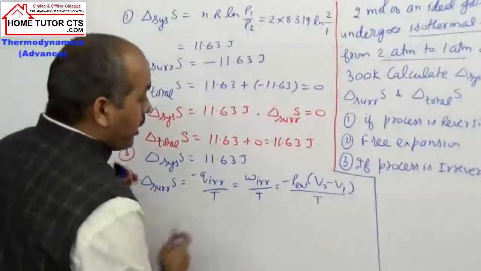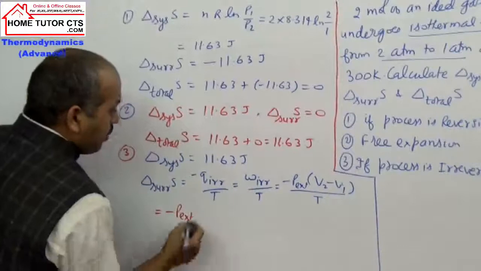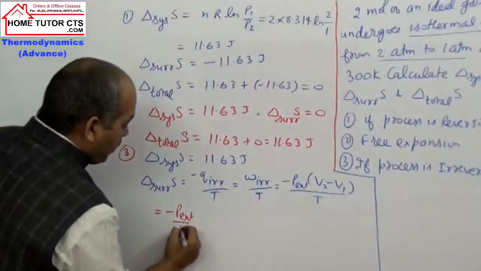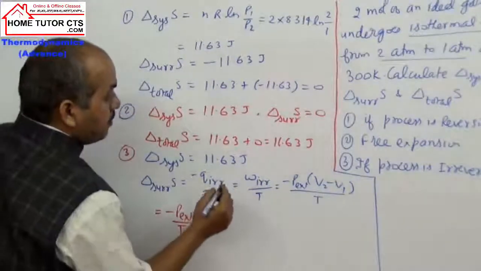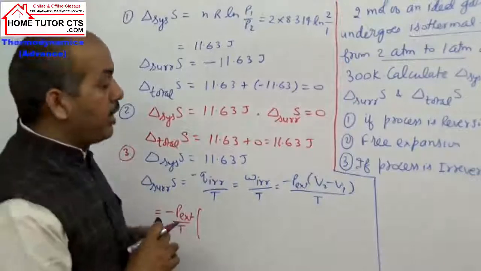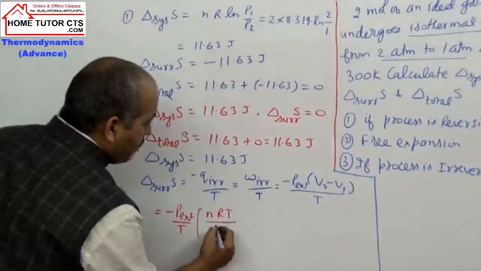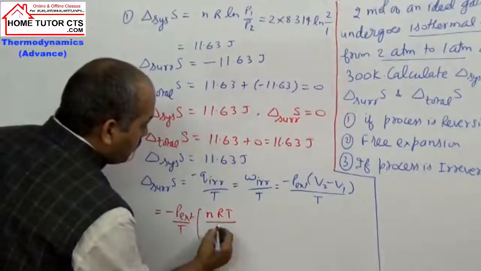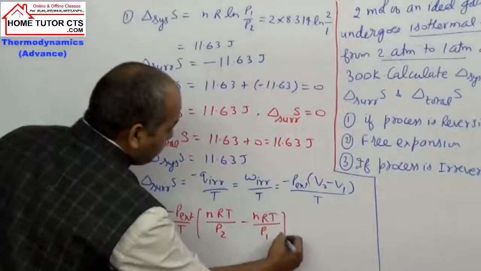Now we can replace here volume. What is P external taken here? Or I can write once again this minus P external into V2, with T taken common. What is V2 final here? Final volume can be taken. आपको दिया है you can take volume in terms of nRT by V. तो nRT by P2 minus nRT by P1.